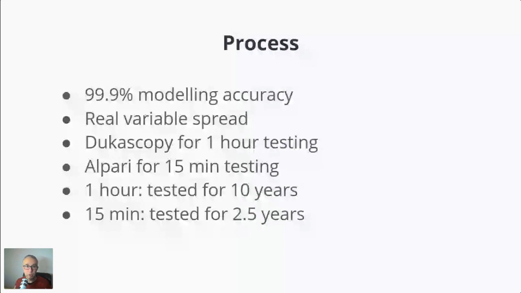It was used with real variable spreads. The main difference between 90 and 99.9% modeling accuracy is that with this kind of backtesting, you really replicate the past, how it was, how it went. With 90%, you could have positive results in backtesting, which are totally not matched in the actual real world.